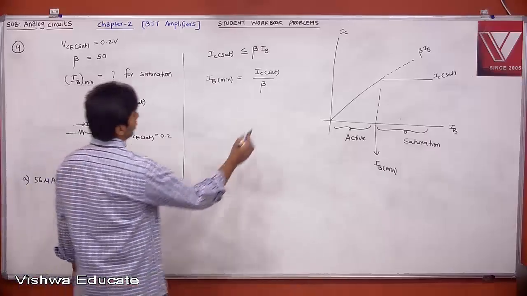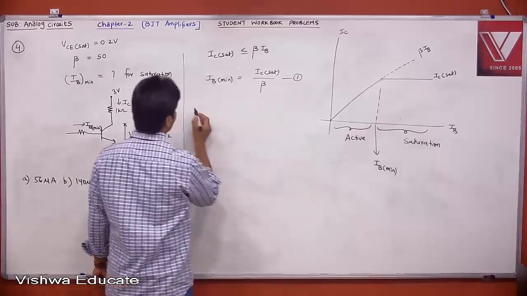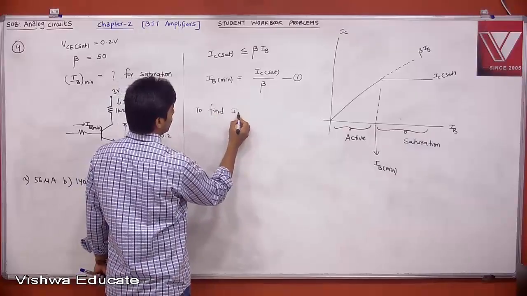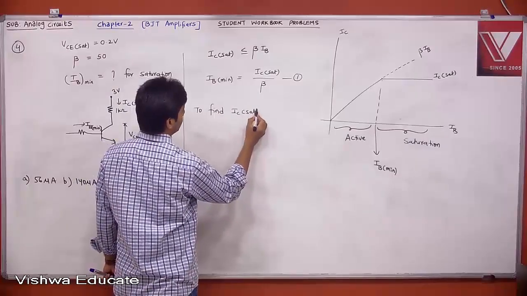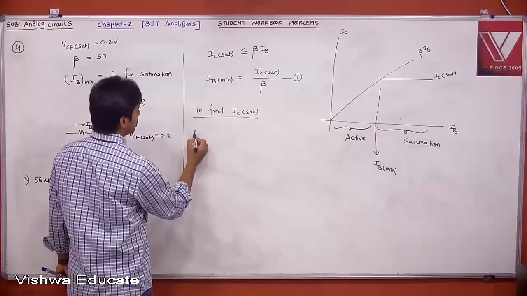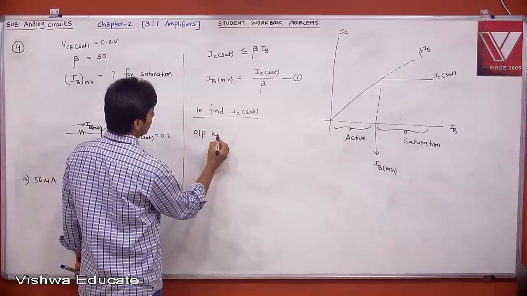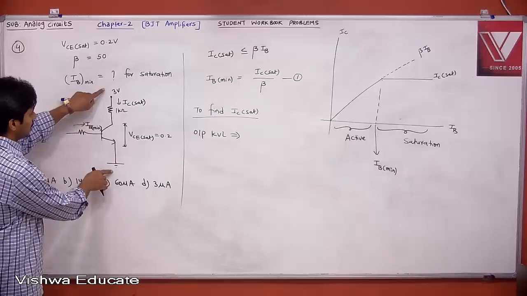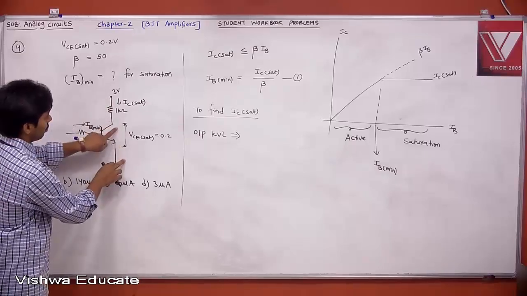Now this is your equation 1. To find IC sat, use output KVL. Now write output KVL. What is output KVL? This voltage is equal to this voltage plus this voltage.